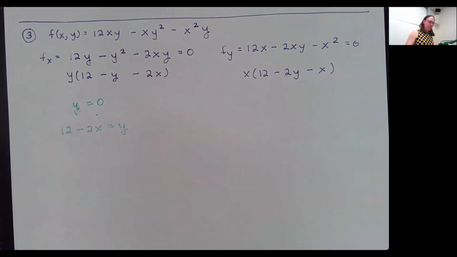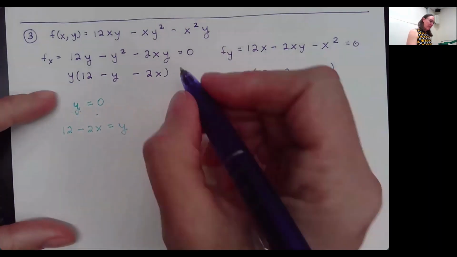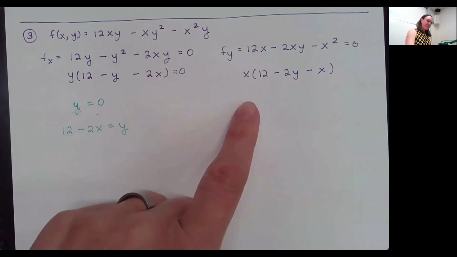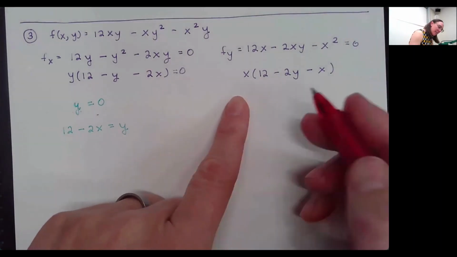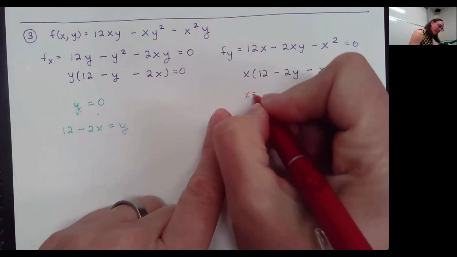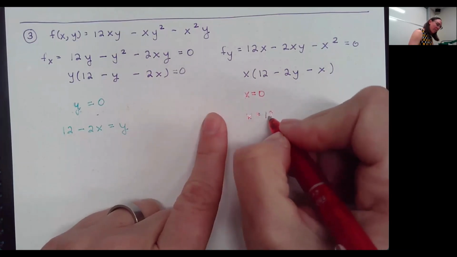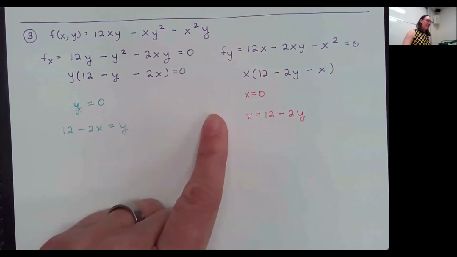Because what's in parentheses has to be equal to 0, so I just moved my y over. If I do the same thing with this one, this says that either x is equal to 0 or x is equal to 12 minus 2y.